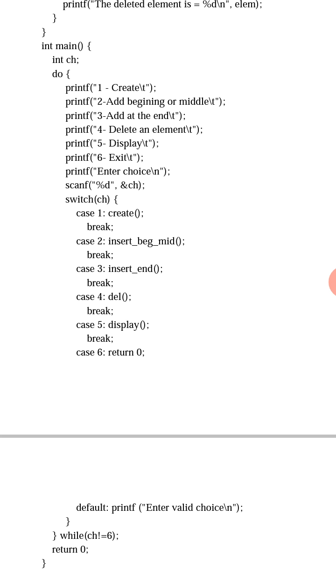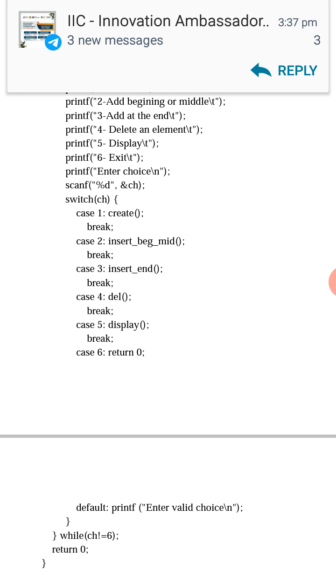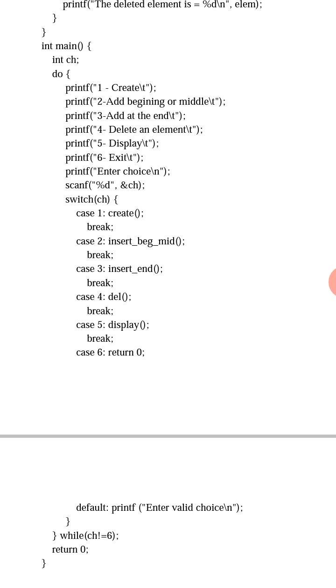Before understanding these functions, let us first see the main program. Because as per our problem statement, we need to clearly display the menu to an end user. By going through the menu, the user will decide which operation he wants to perform on an array. So to do that, I am making use of printf, and I am saying if you wish to perform create operation, press 1.